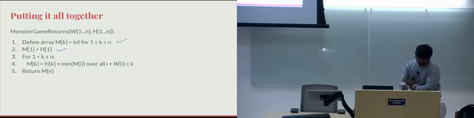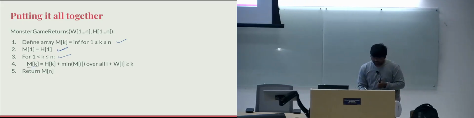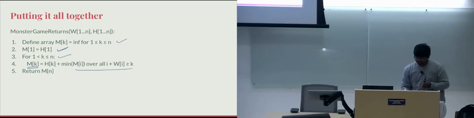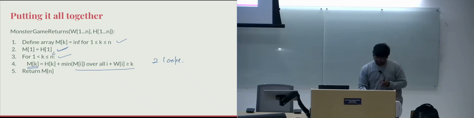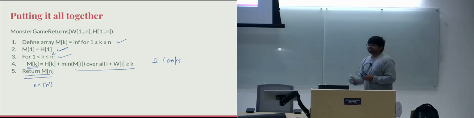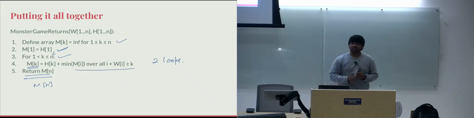For the base case, it is now h of 1, and then you run a loop for each level from 1 to n, and you find the m of k for that particular level. And you can see there is another loop running over all i plus w_i greater than or equal to k. So essentially there are 2 loops. Once you are at the nth level, you will find the value of m of n, and you eventually return that. Any question on this one? Is it clear? Okay.